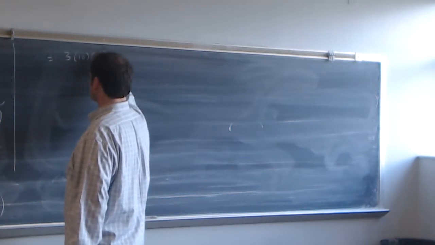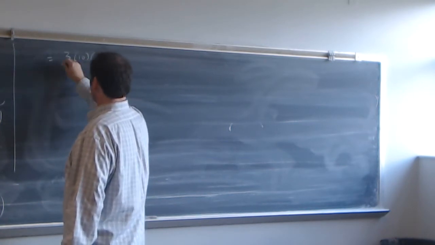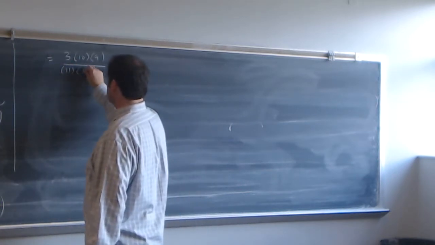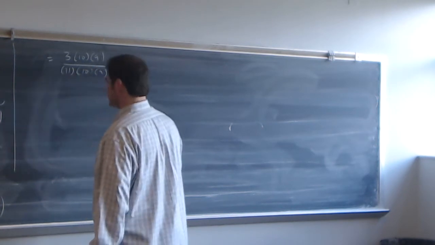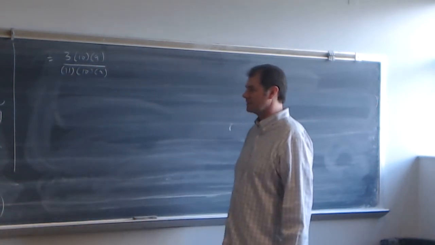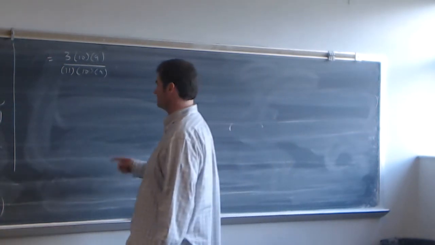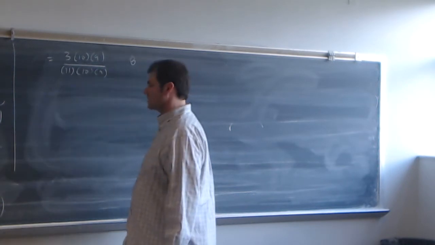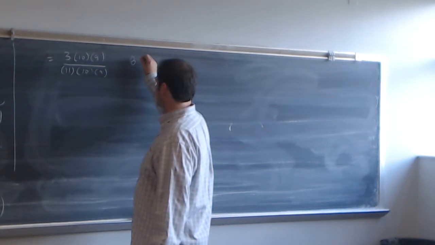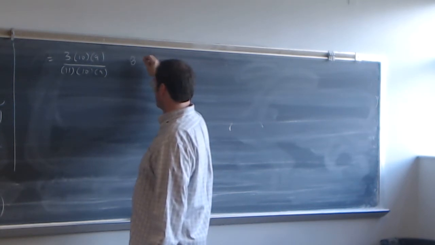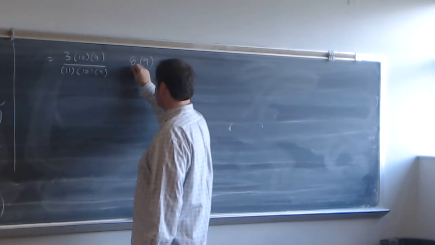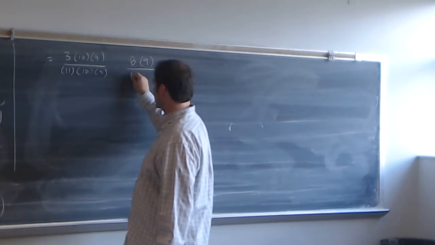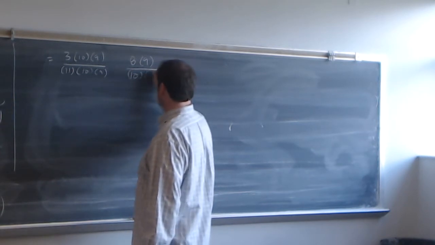With 10 balls left, we're doing it without replacement, and then 9, over the number of ways of getting 3 balls, and there were 11, 10, 9. Times, now, the probability that the second is white, given that the first is red. So let's put ourselves in that position. Well, there's 8 white balls to choose from, and then we have to choose another ball, and there would be 9 balls to choose from after that. Given that the first ball is red, we have 10 balls to choose from, and then 9.